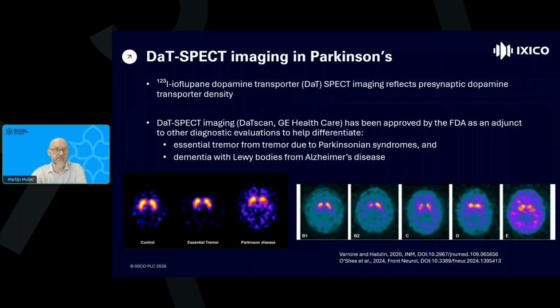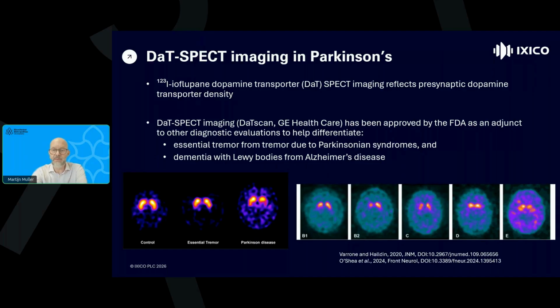For the person with Parkinson's, you can detect the pattern that is very characteristic. It's asymmetrical loss with the posterior part of the striatum, the putamen, more affected than the anterior part, the caudate.